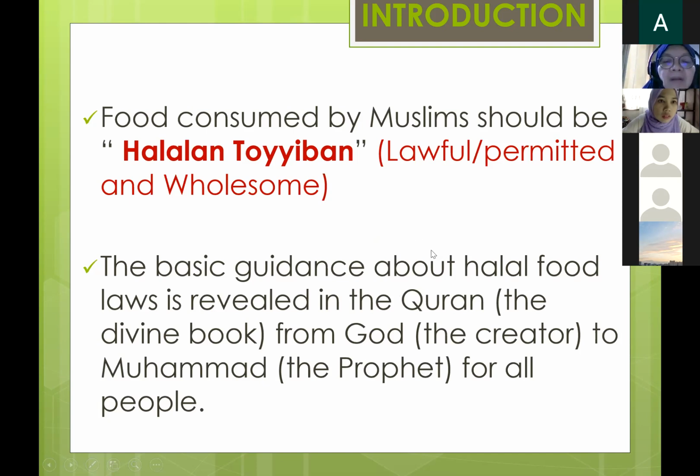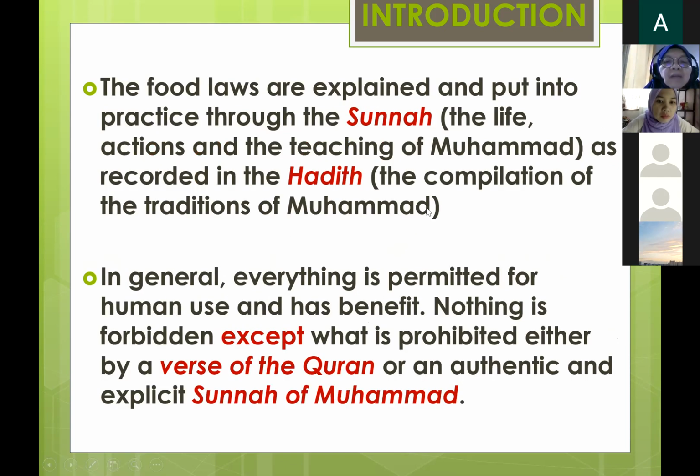The Quran was delivered through Jibril to Muhammad, to pass it to all humankind. So these are the two main sources. There are also other sources that can be used, but the main sources are the Quran and Hadith.